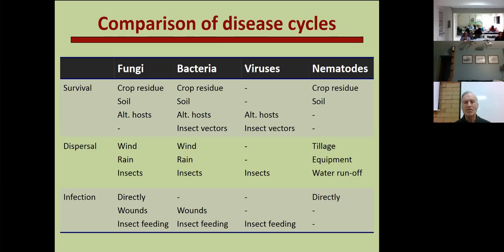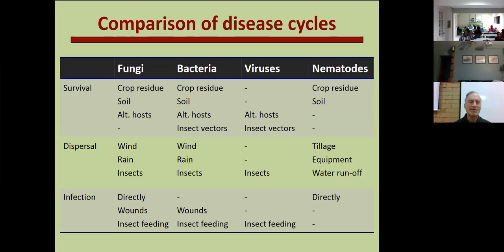For example, one of the bacterial diseases that we have here in Iowa is bacterial wilt of cucurbits, of the squash and pumpkins and melons. And it survives our Iowa winters inside of the intestines of a cucumber beetle.